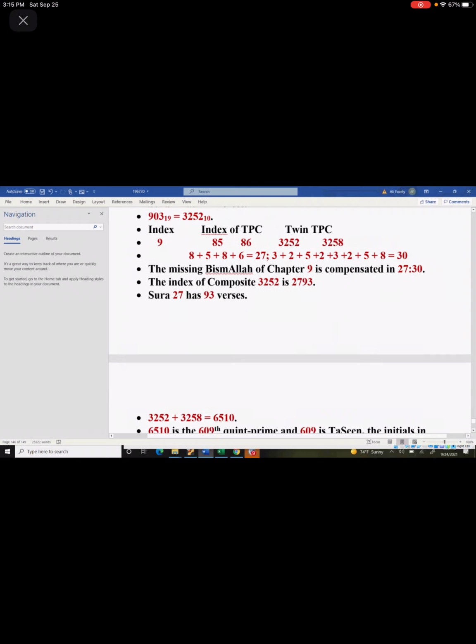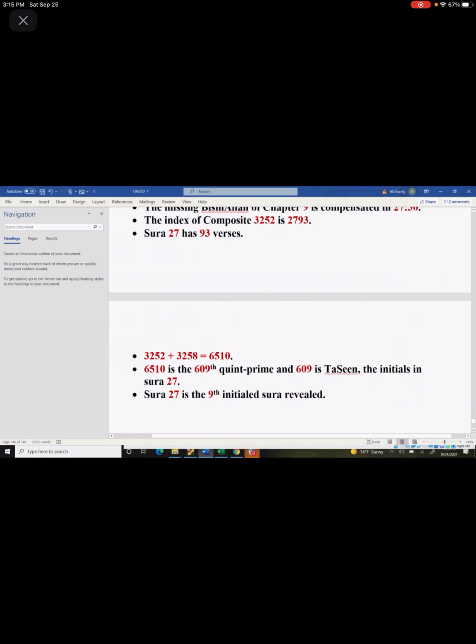So we go on. 3252 plus 3258 is equal to 6510. And 6510 happens to be the 609th quint prime. And 609 is the frequency of Ta-Sin in chapter 27. Chapter 27 is initialed with Ta-Sin. Ta is 9 and Sin is 60, so you concatenate those two and you get 609.